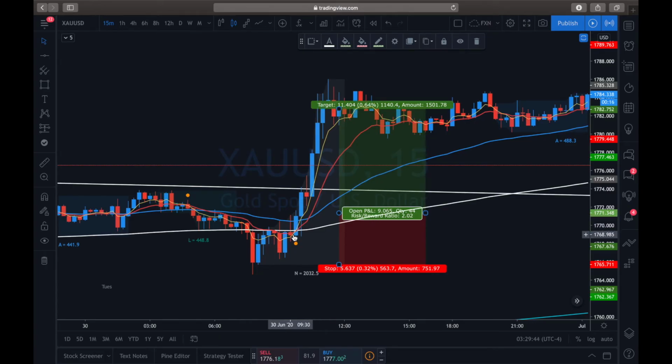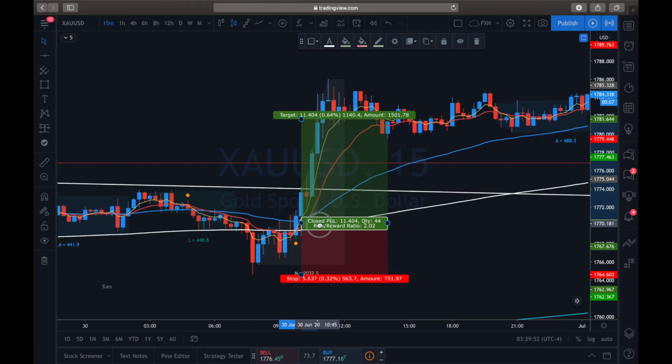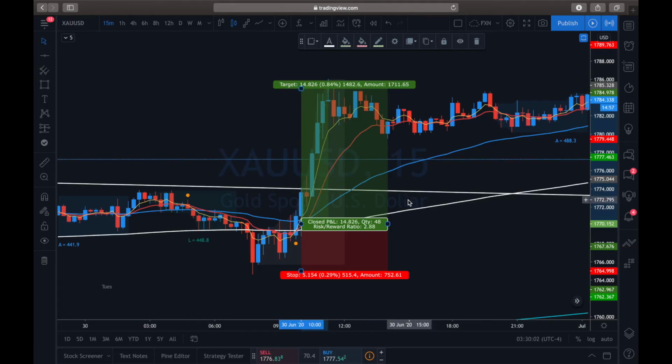And also this actually happened to have the crossover as well. Look, you ended up getting a pullback here. So this pullback could have brought you in an even better entry here. You can see this entry still is about 50 pips or so, even to the bottom.